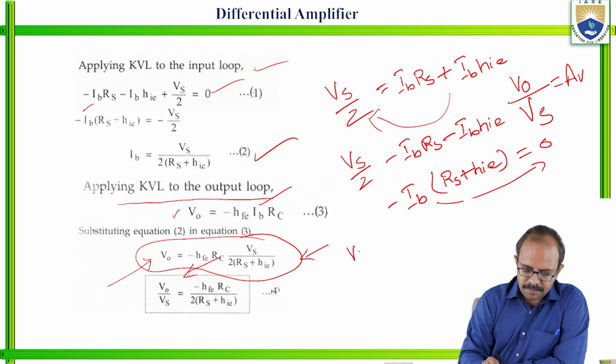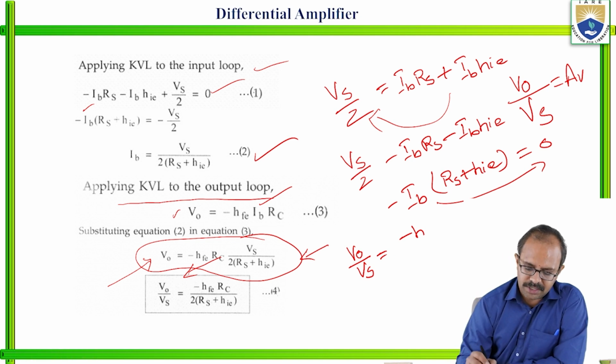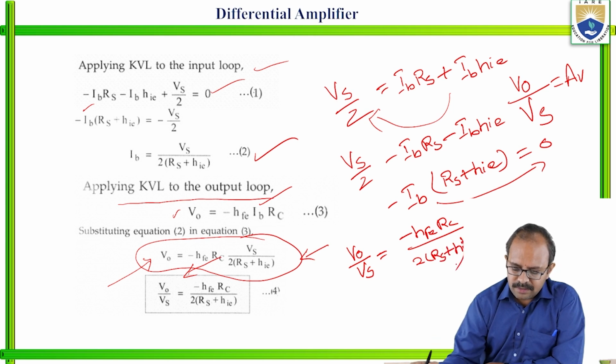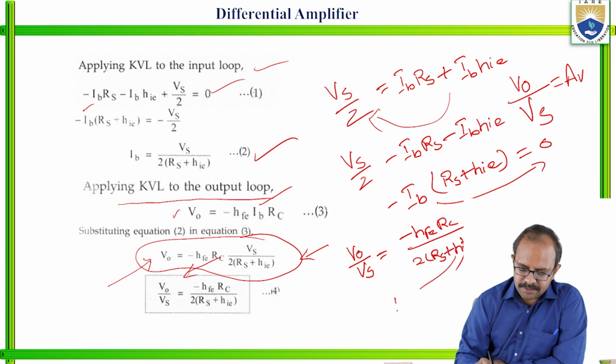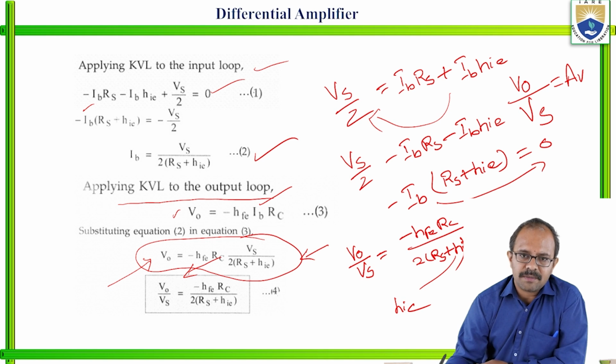We can get V0 by Vs equals to, so what are the leftover parameters in the equation? We have hfe into Rc by 2 into Rs plus hie, right? So this is nothing but hie here. So this is your V0 by Vs. What can we say V0 by Vs is?